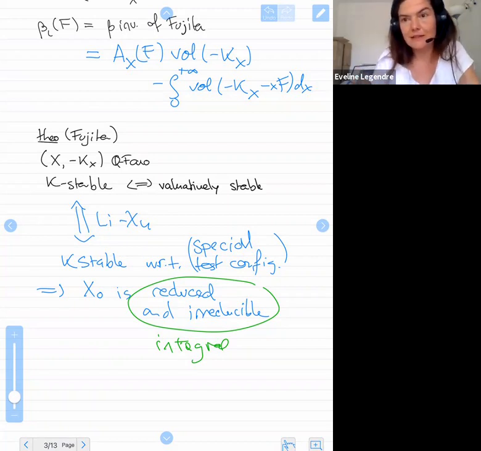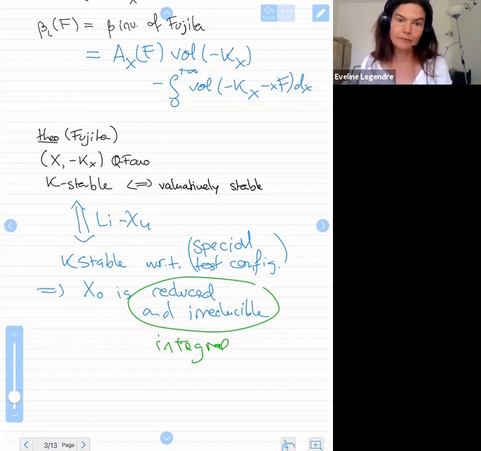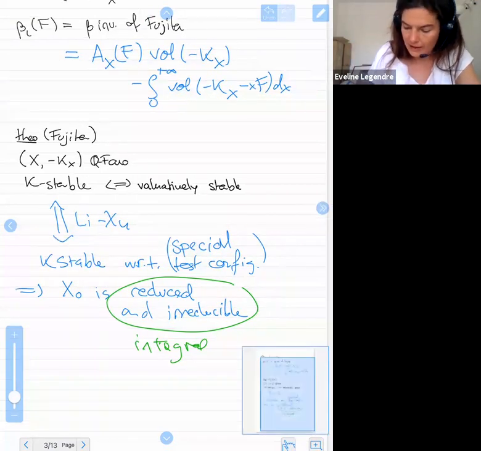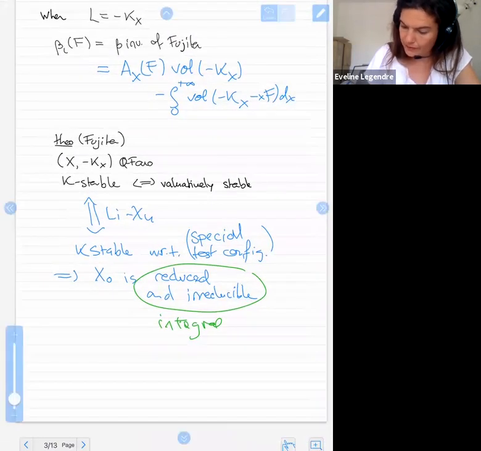This is probably not true for a more general variety, and so it's not surprising that valuative stability is not enough to check K-stability.